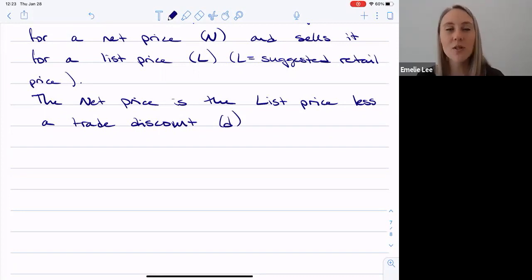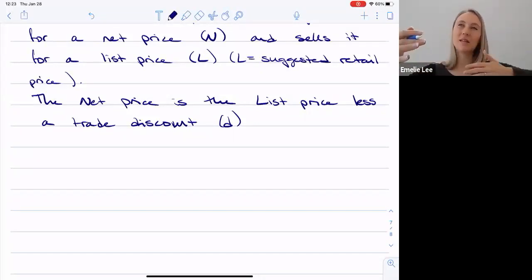Or potentially multiple trade discounts, okay? There could be multiple companies in the supply chain, right?